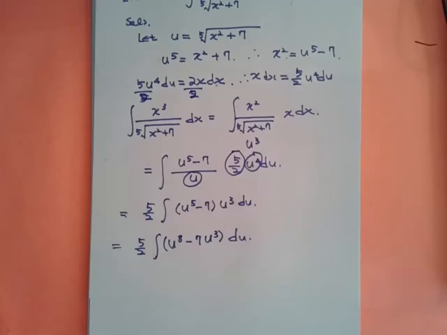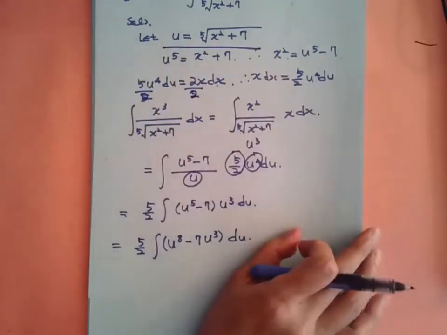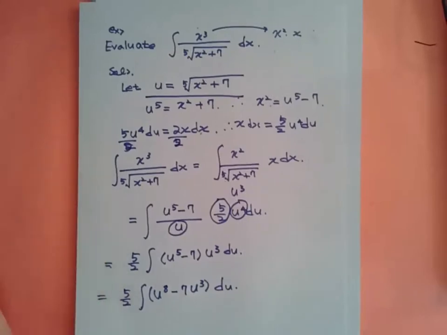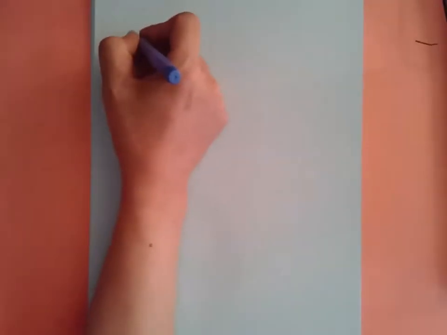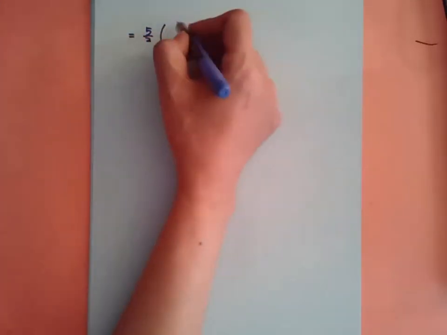The tricky part is figuring out the strategy when the format is like this. So that means 5/2, we are doing the term by term integration.